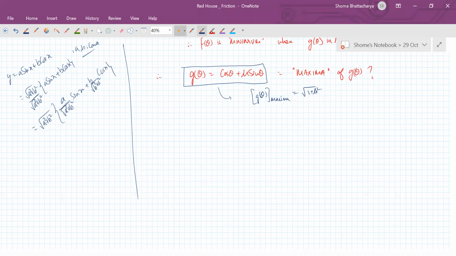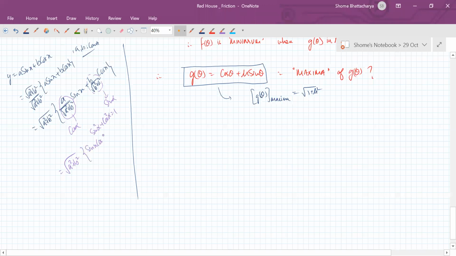Now in this step, suppose this constant is cos of some alpha. Then automatically this constant becomes sine of that same alpha, because sine square alpha plus cos square alpha should be 1, and that will always be the case. So you can write this as root of a square plus b square into sin x cos alpha plus cos x sin alpha.